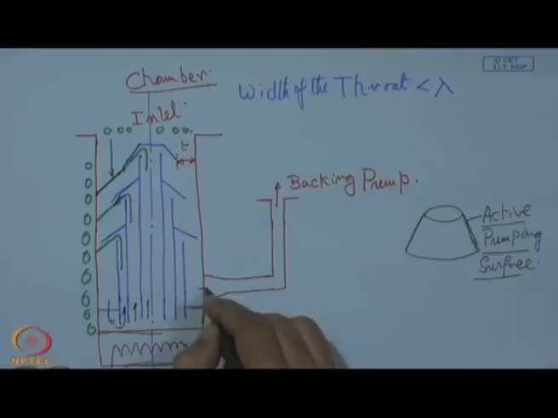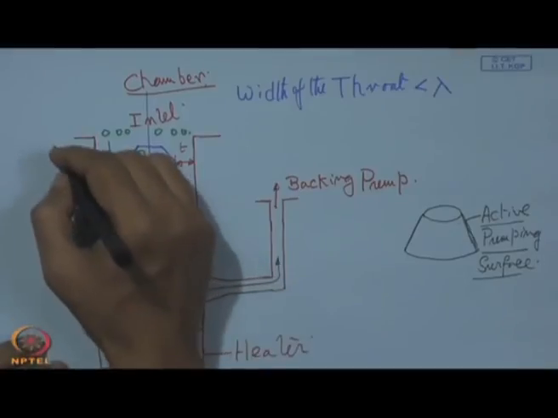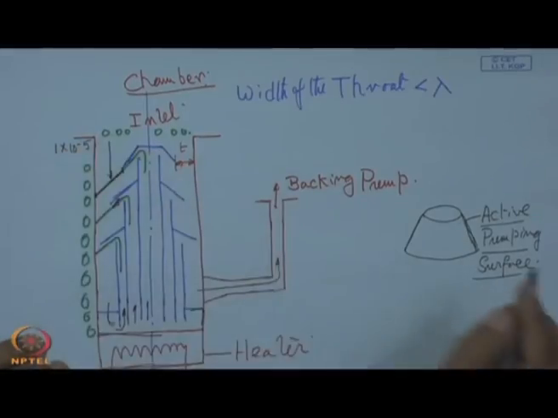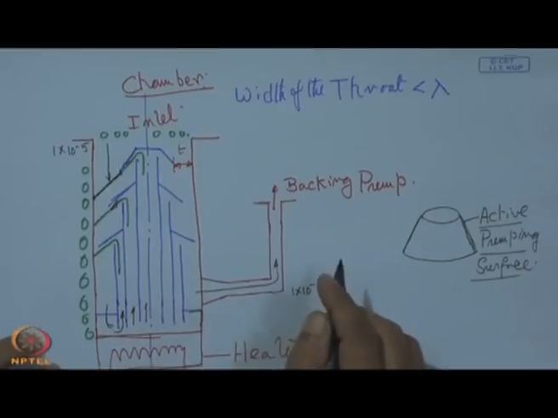This is the opening, and through this opening it goes to this side. Here we can expect a pressure of 10 to the power minus 5 with an ordinary diffusion pump at this throat area, very close to the inlet, and a pressure very close to 1 into 10 to the power minus 1 at this stage.